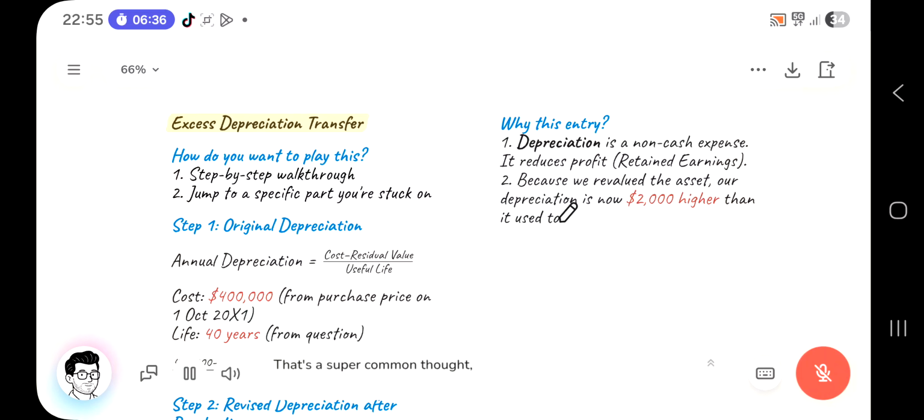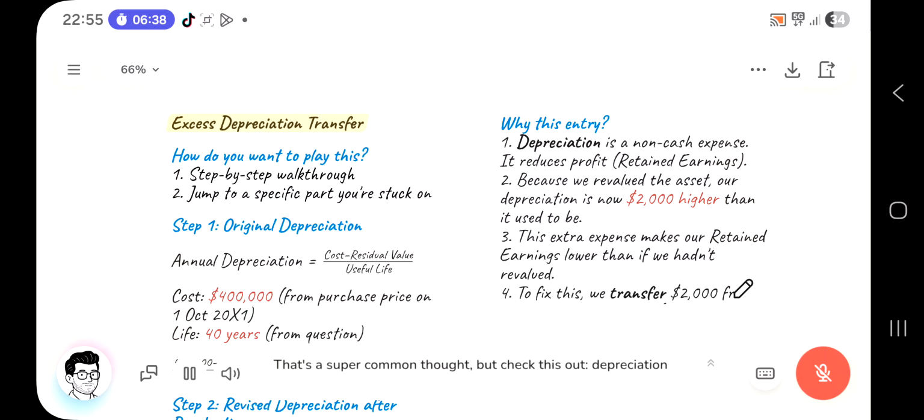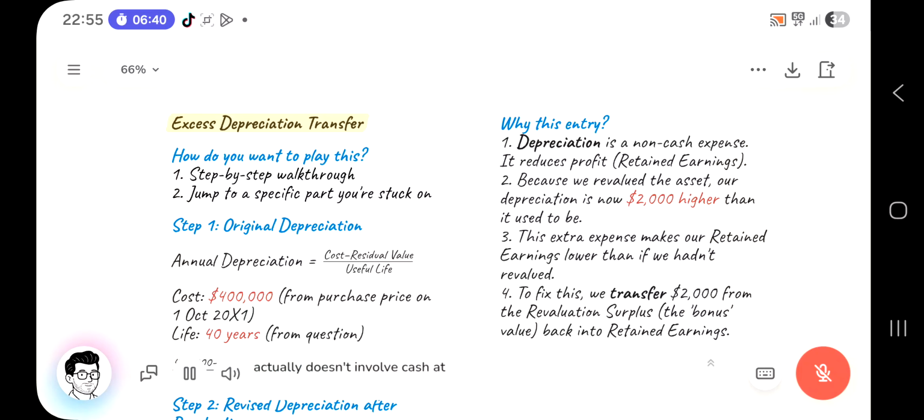That's a super common thought, but check this out. Depreciation actually doesn't involve cash at all. It's just a way of spreading the cost of the property over time. Think of it like this. Because we said the building is worth more now, the math forces us to take a bigger depreciation hit, which makes our profits look smaller.